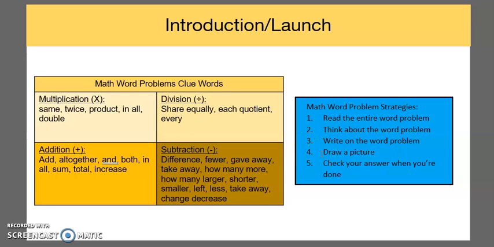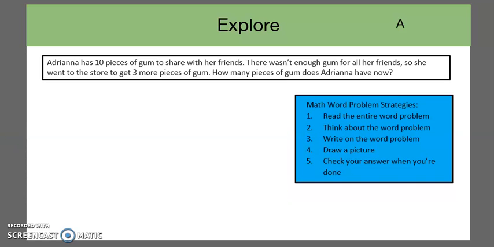The next idea can be to draw a picture. Drawing a picture can be very helpful to visualize what you are asked to do. And last, check your answers when you're done. We're going to go over some math word problems, work through them, and see how well we can do. Here's the first one.